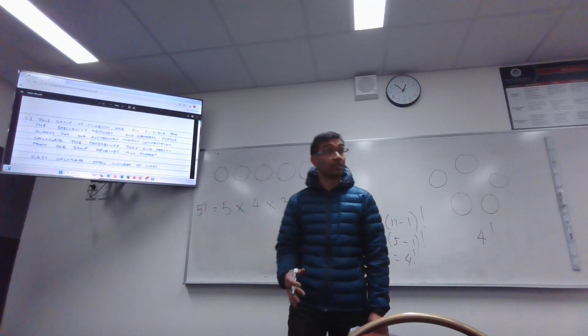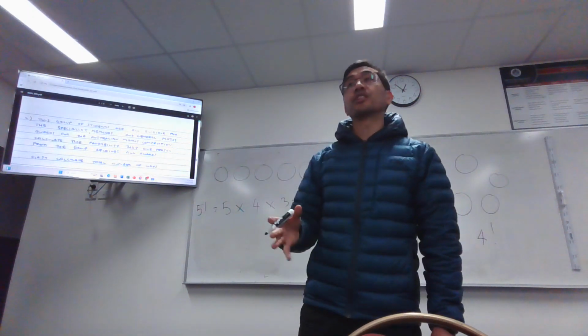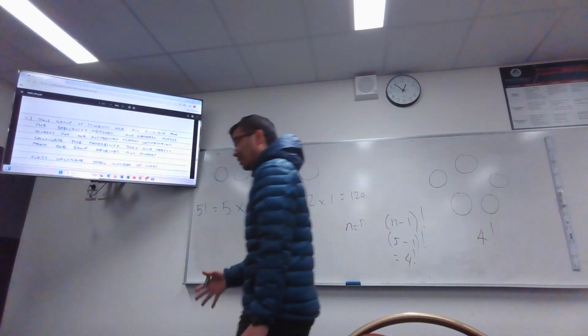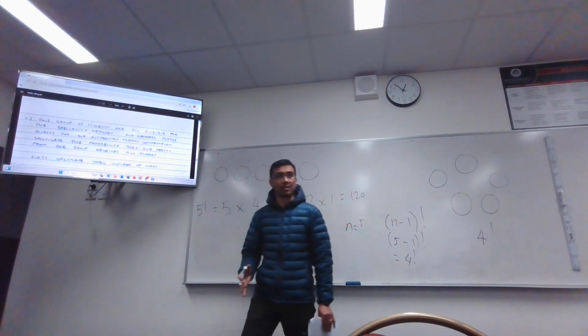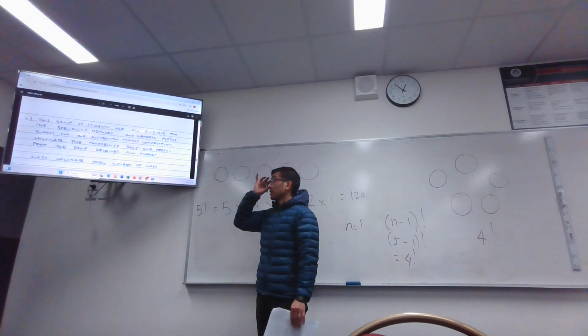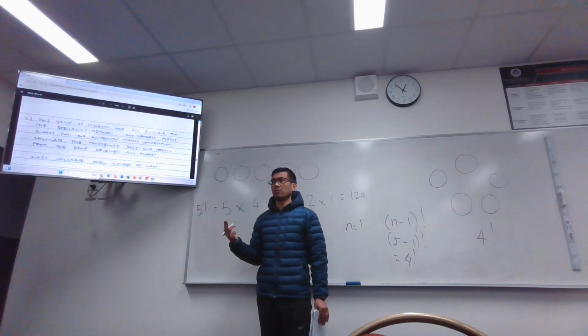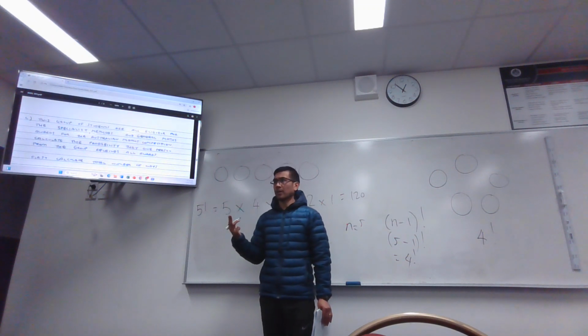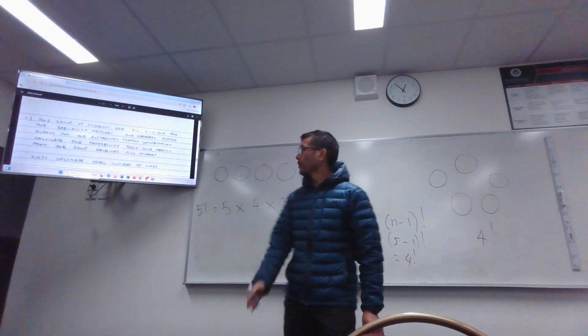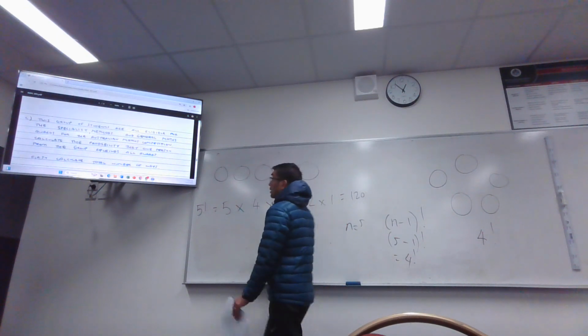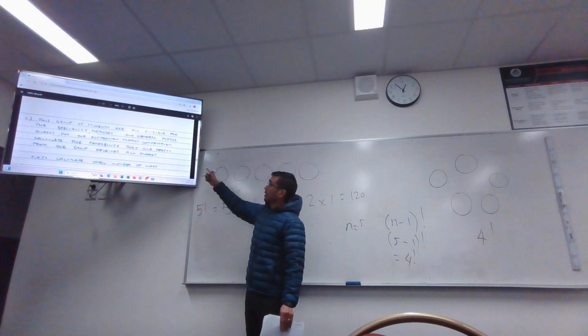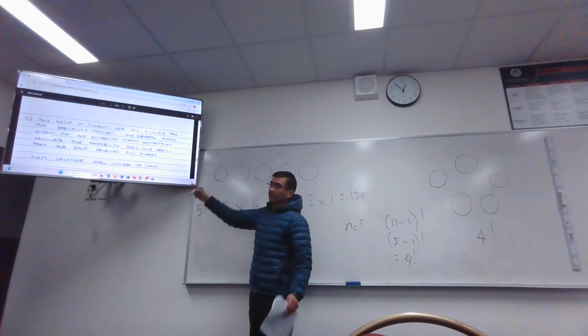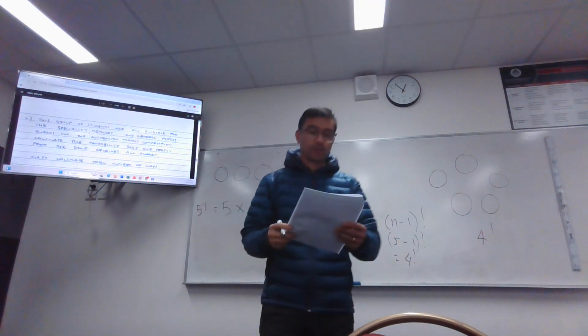So each of these 5 students is doing specialist maths, methods, and general maths at the same time. Who's doing 2 maths at the same time right now? Okay, Hudson, anyone else? Okay. We want to calculate the probability that one person from the group receives the awards.